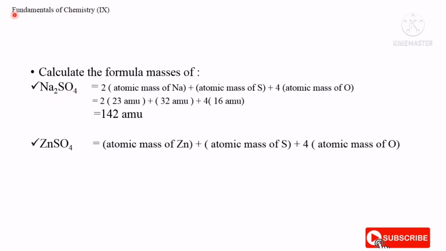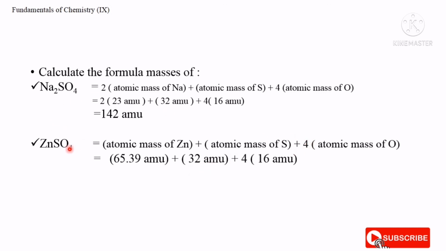And now zinc sulfate. As we know, there is 1 atom of zinc, 1 atom of sulfur, and 4 atoms of oxygen, so the atomic mass of each element is multiplied by its number of atoms present in that formula unit. So the atomic mass of zinc, that is equal to 65.39 AMU, plus the atomic mass of sulfur, that is equal to 32 atomic mass units.